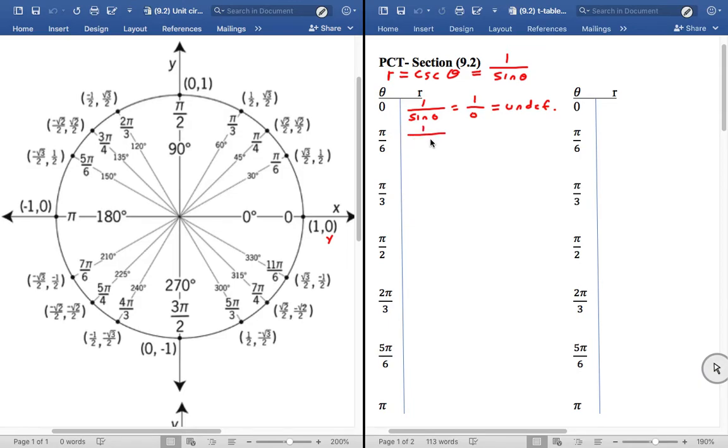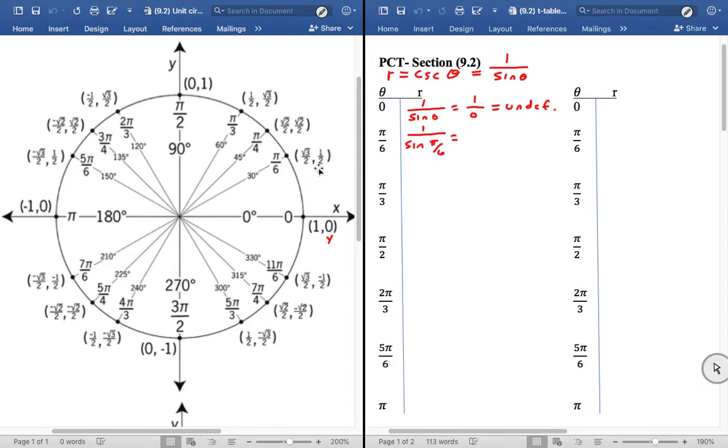Let's go on to 1 over sine of pi over 6. Q, are you ready to partake in the ceremonies today? What's the sine of pi over 6? Can you just glance up here and tell me what the y coordinate of the pi over 6 angle is?